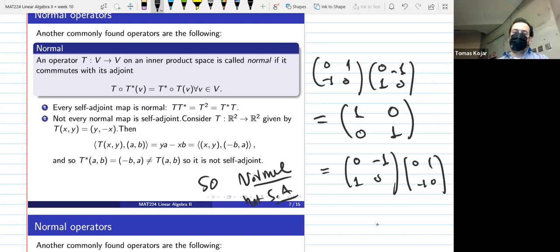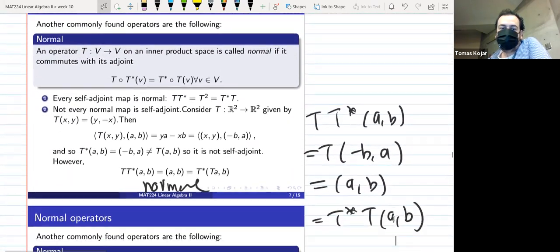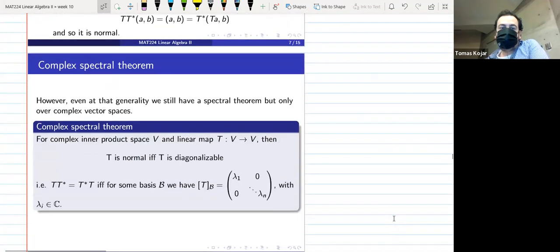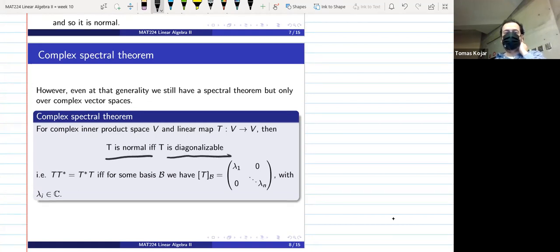So people became interested in these maps a long time ago, and they wanted a spectral theorem. So here's the spectral theorem. Going to prove it today. So we're going to show, like before, that you're normal if and only if you're diagonalizable.